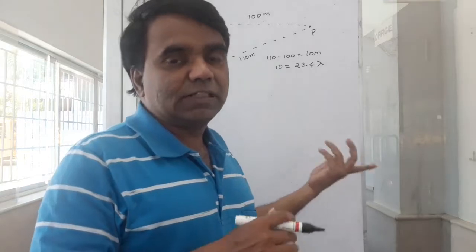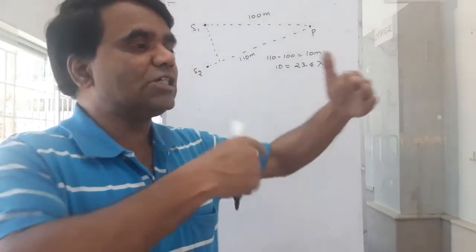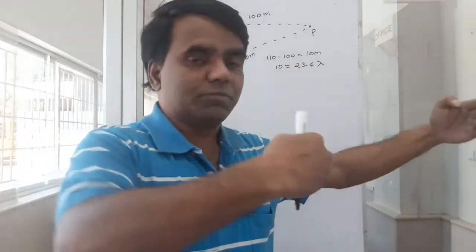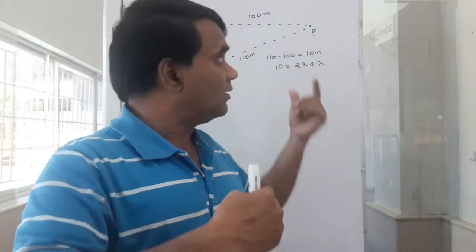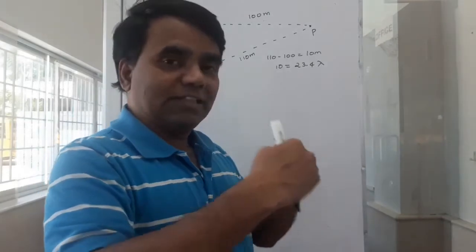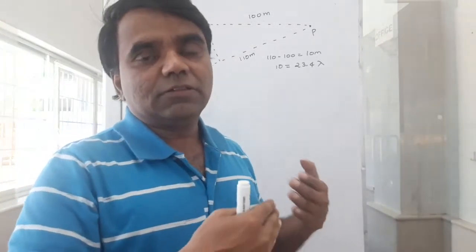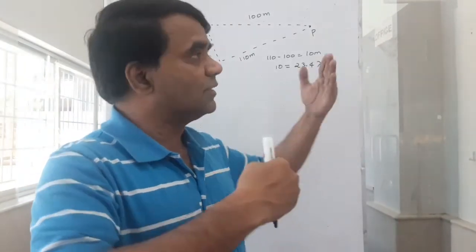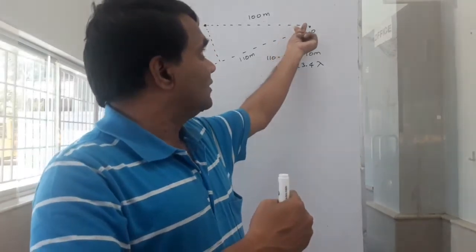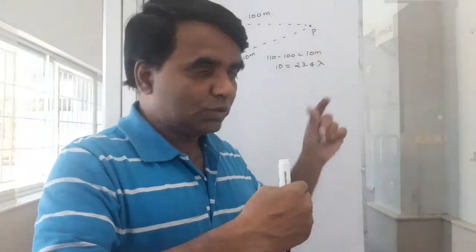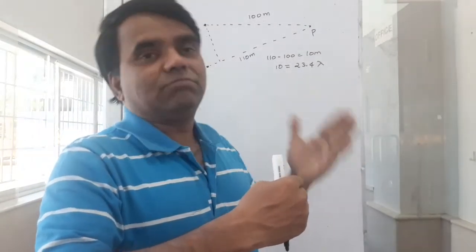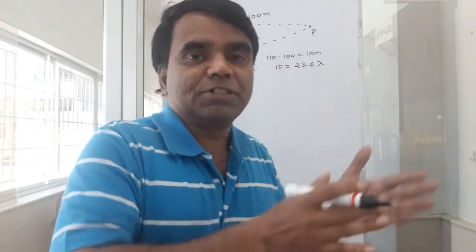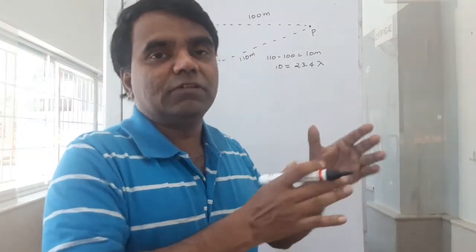So 23.4 is that. For the first 23 cycles, they won't meet. And even when they meet, they won't meet in phase, because the 24th cycle would have covered say 40%, or 0.4 lambda, of that.